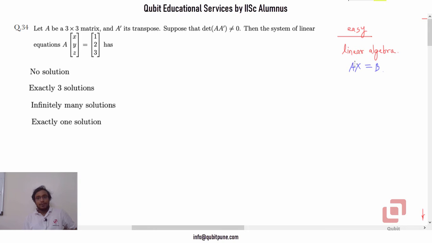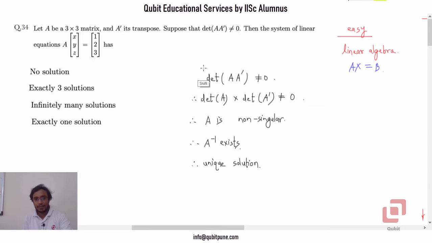Now as far as the question is concerned, it is based not much on the knowledge of matrices but the knowledge of determinants. We know that the determinant of the product of two square matrices of the same size is equal to the product of the individual determinants.